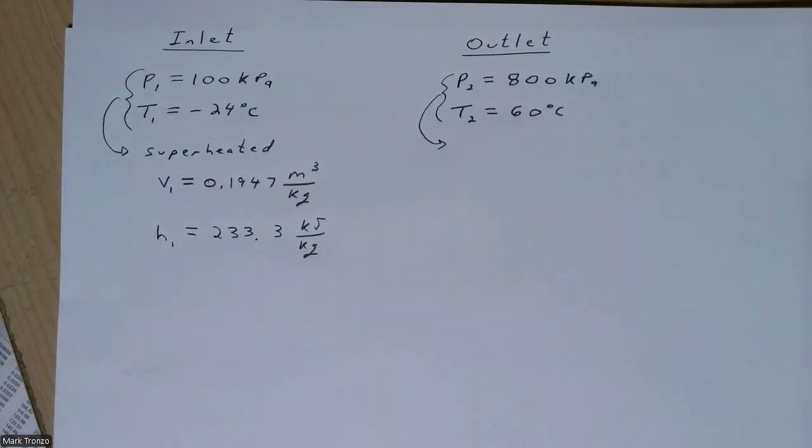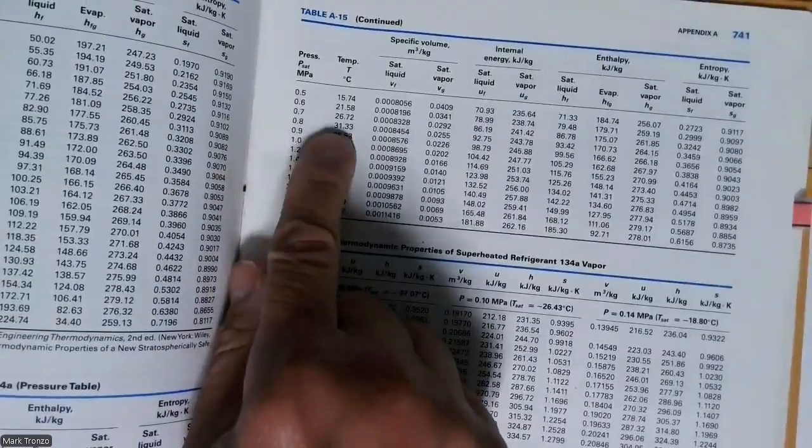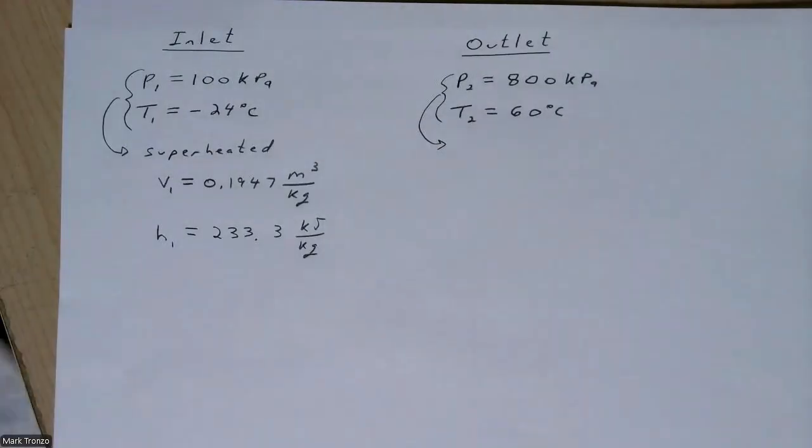So at 800 kPa, we're at 60 degrees. That'd be 0.8 MPa. And the saturation temperature is 31.33, so we're also superheated.